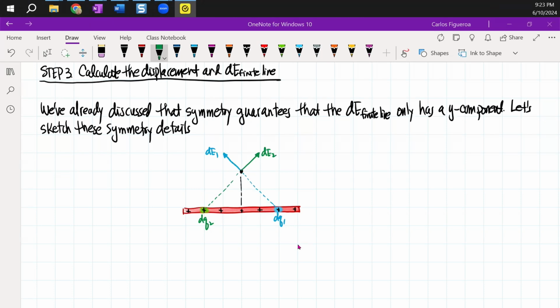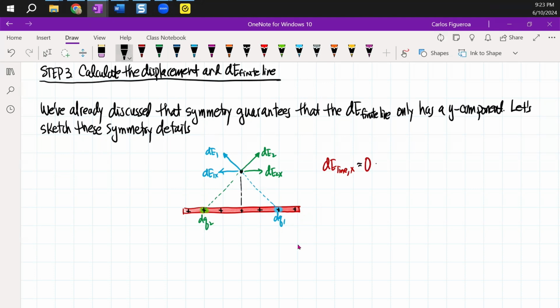So when I look at this thing, I see here that because they're equal distance, these two components automatically cancel out. So in other words, the net field of the line in the x direction must be 0.